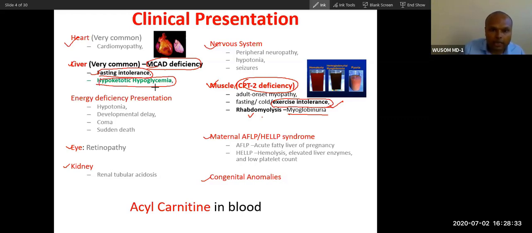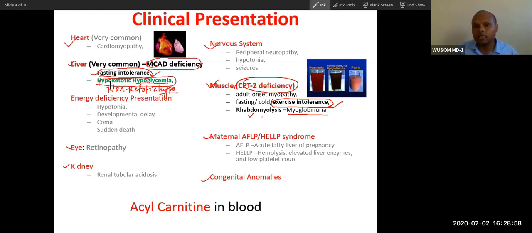Hypoketotic hypoglycemia, also called non-ketotic hypoglycemia. Hypoglycemia is related to fasting intolerance. If hypoglycemia happens during a fasting condition, fasting cannot be tolerated. And this type of hypoglycemia is related with absence of ketone bodies.